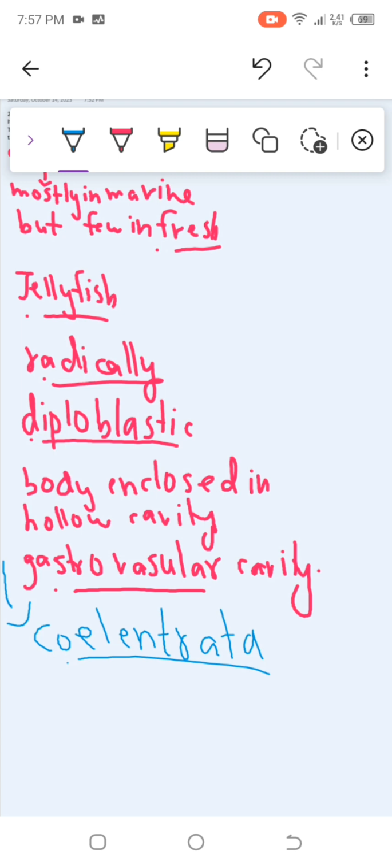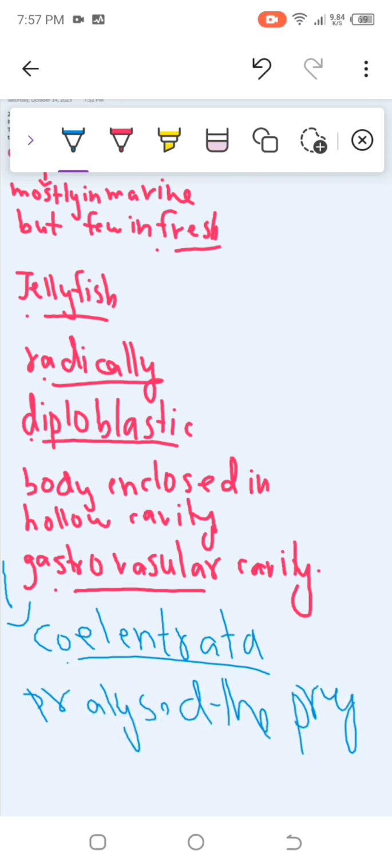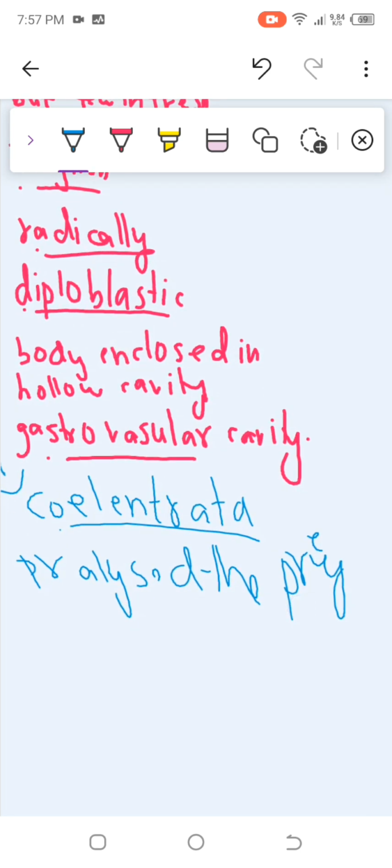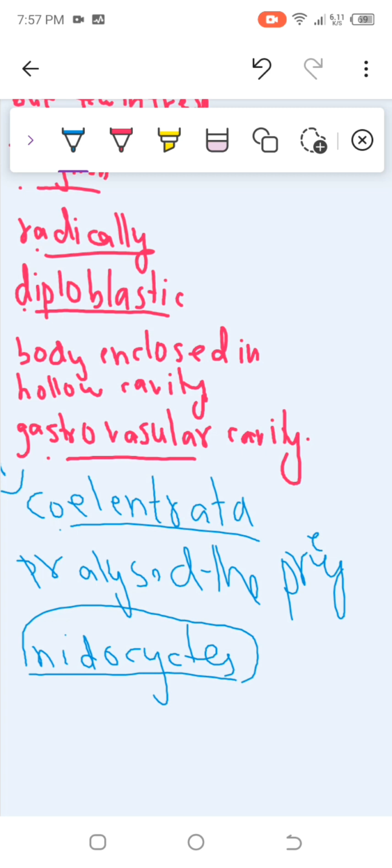All Cnidarians are carnivorous. They take their prey, paralyze the prey, and with the help of their stinging cells, known as cnidocytes, they kill the prey and engulf it.